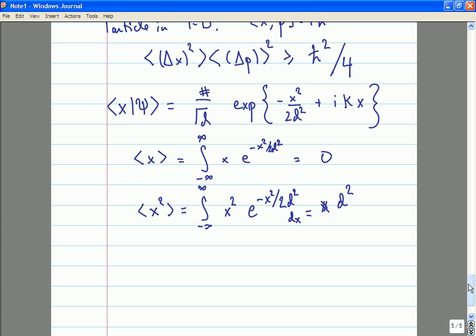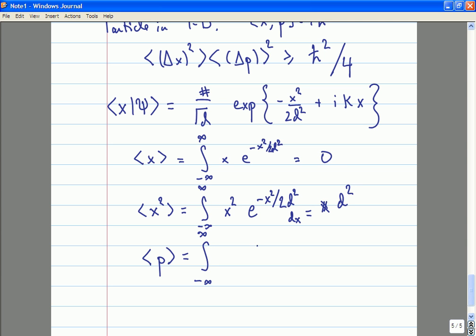What is the expectation value of the momentum operator? Well, the momentum operator is i times the derivative operator. The derivative operator gives you ik plus a term linear in x. Okay, so what is this? This is the integral from minus infinity to infinity of the i times the derivative of this Gaussian. What is that?